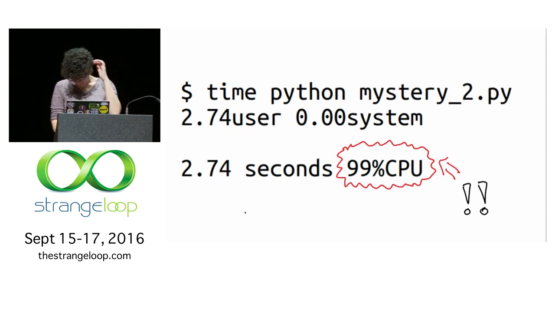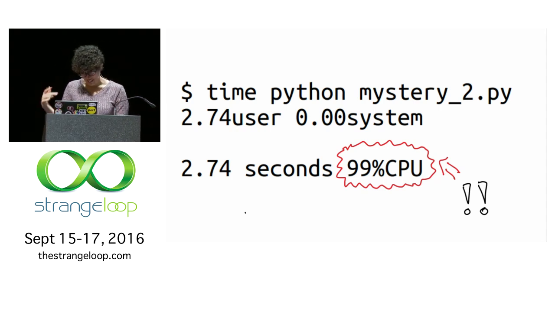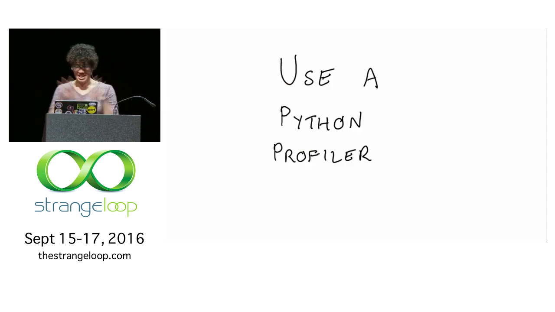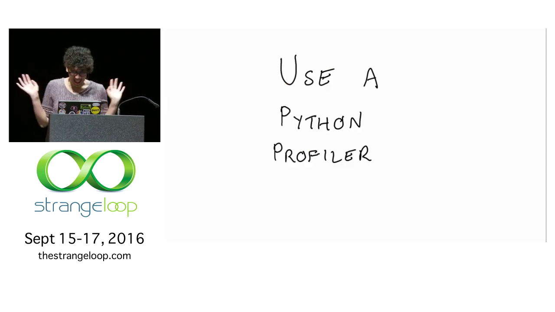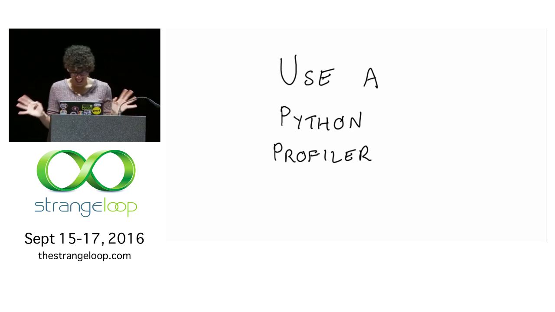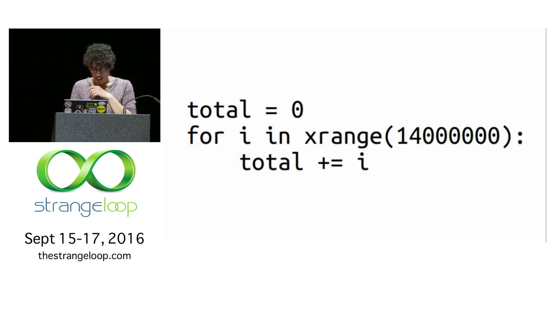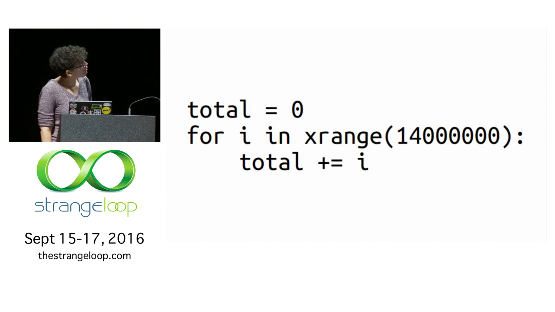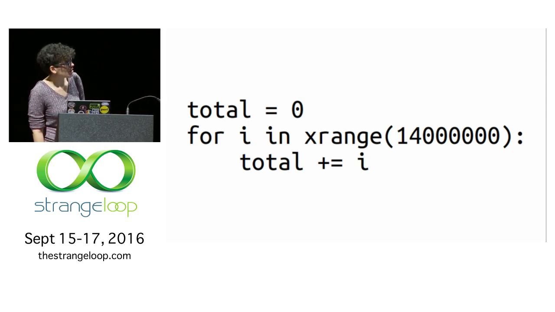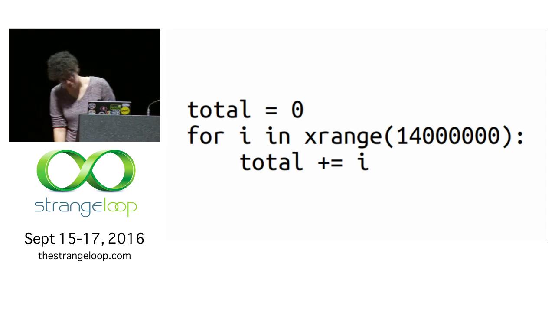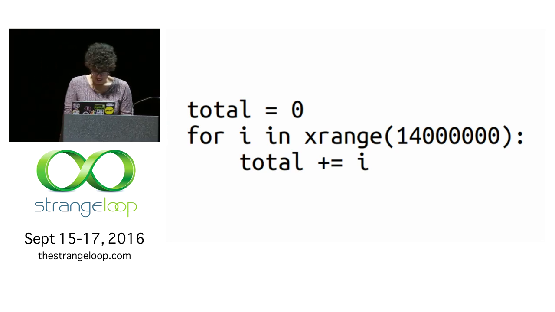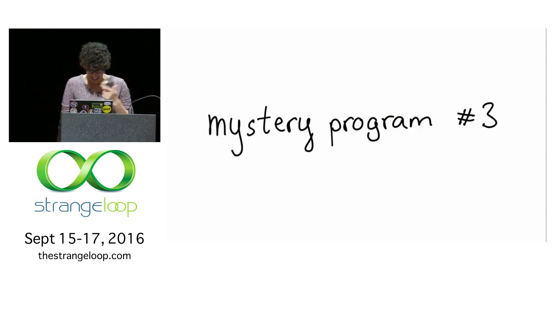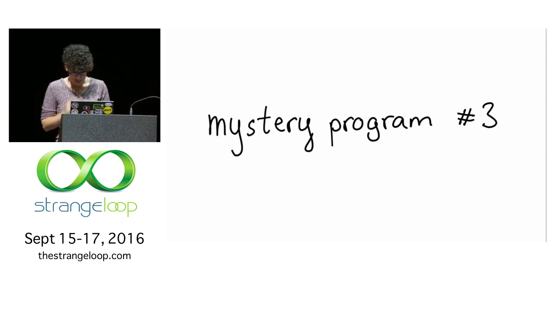The operating system doesn't care, other than that it needs to schedule you to run on the CPU. So the answer here is use a Python profiler. I don't know what's wrong with you. I don't care. In fact, what this program was doing is just adding up 14 million numbers, which in Python takes 2.74 seconds, which you might interpret as either computers are fast or slow, depending on how you feel about how long it should take to add up 14 million numbers.